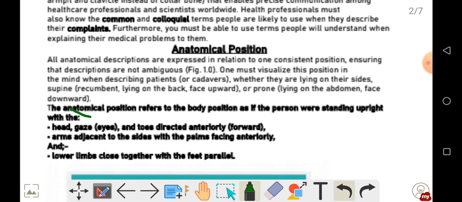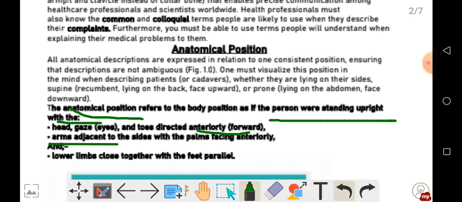The anatomical position refers to the body position as if the person were standing upright with the head, gaze, eyes, and toes directed anteriorly or forward. Anteriorly simply means in front of the body.